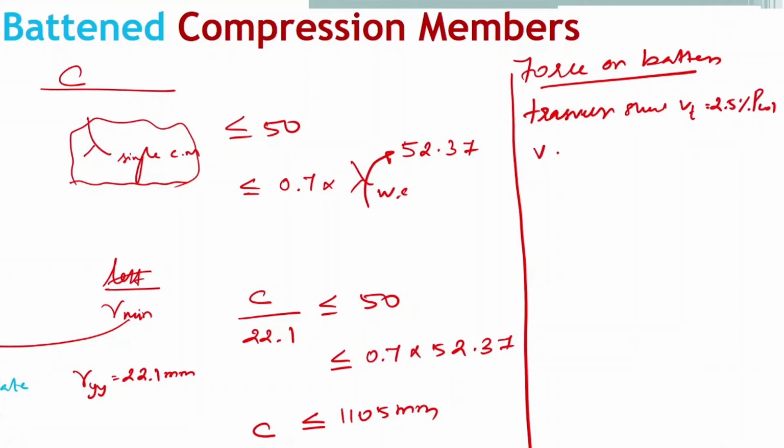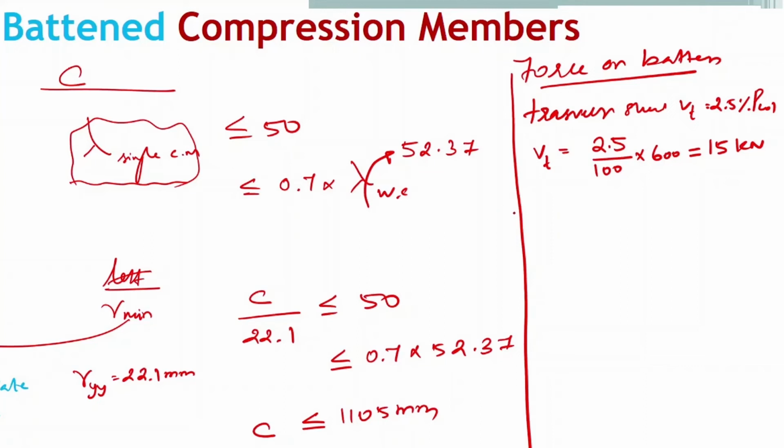So Vt is equal to 2.5% into column load, which is 600 kN. So transverse shear is 15 kilonewton.